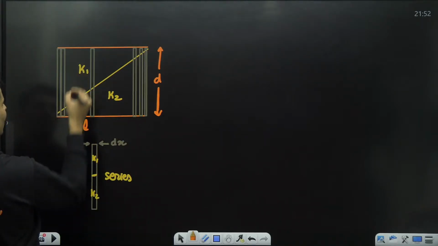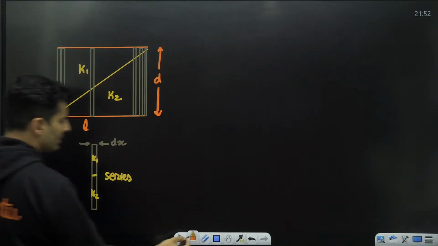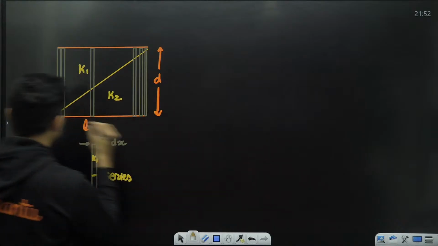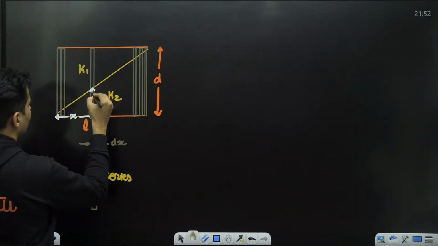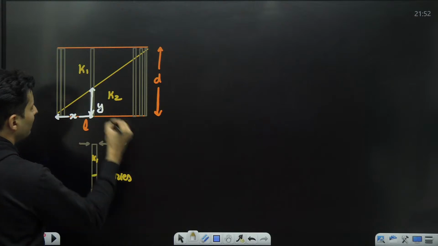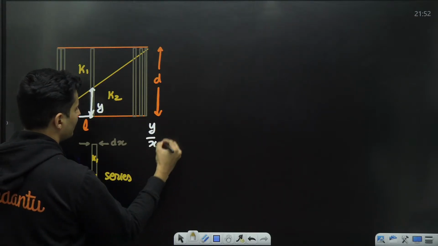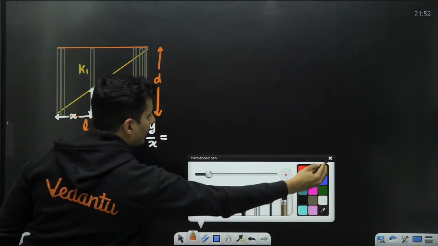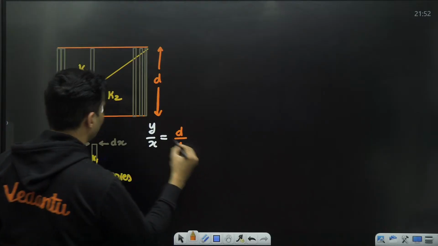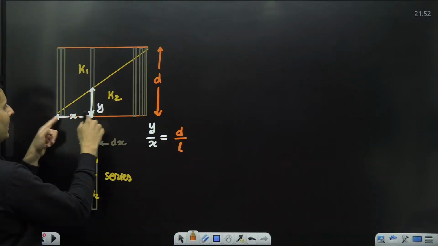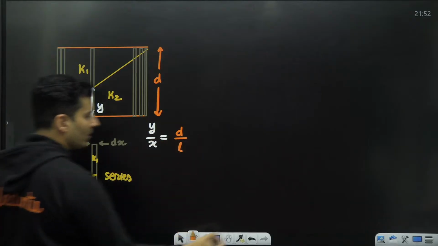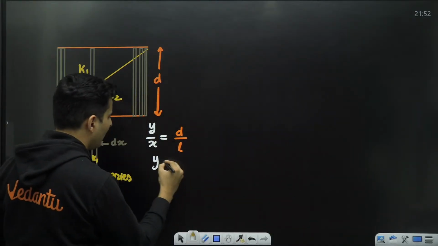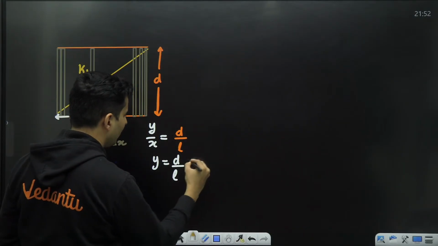So if this much distance is x, how much will this particular y be? y by x will be just like d by L. Similar triangles, y by x will be d by L. So you get y as a function of x, which is d by L into x.